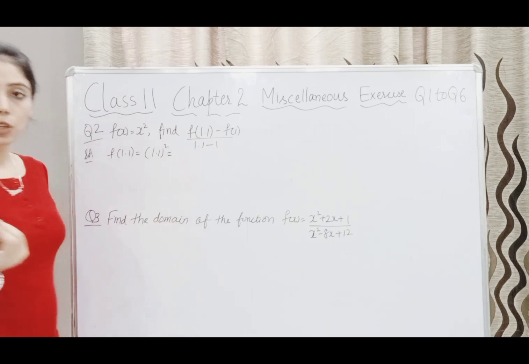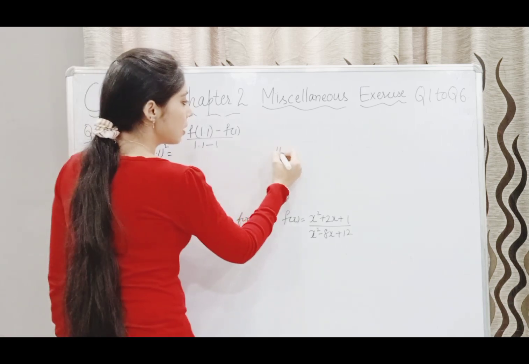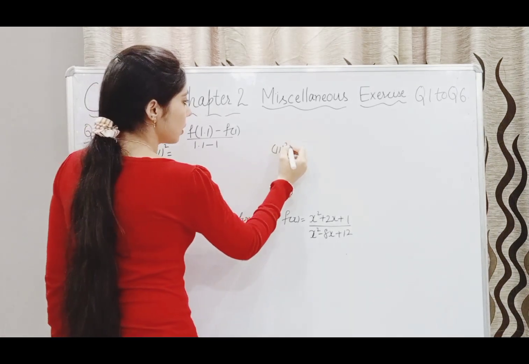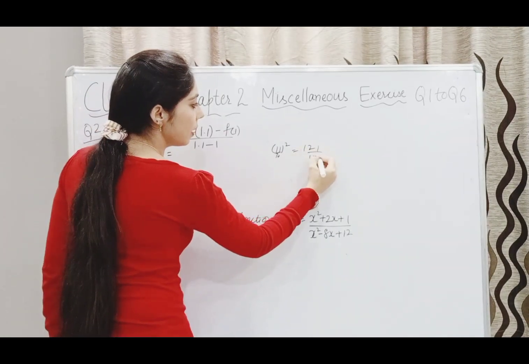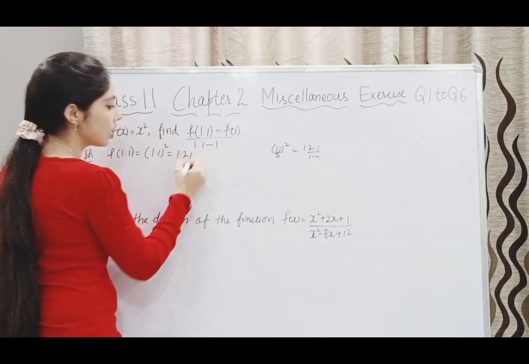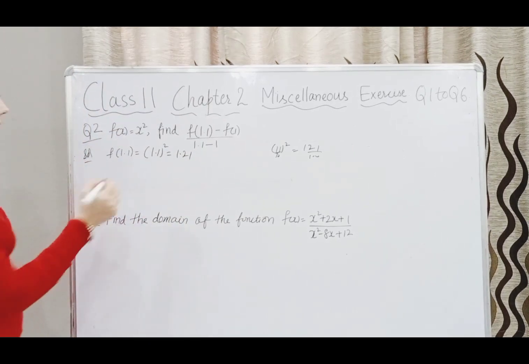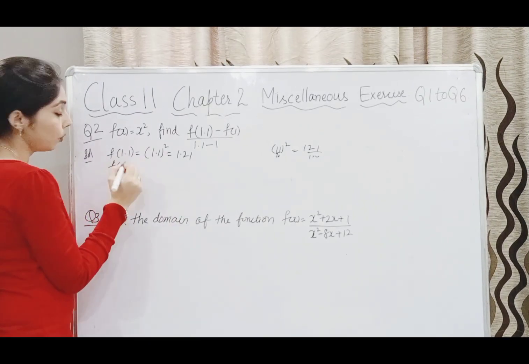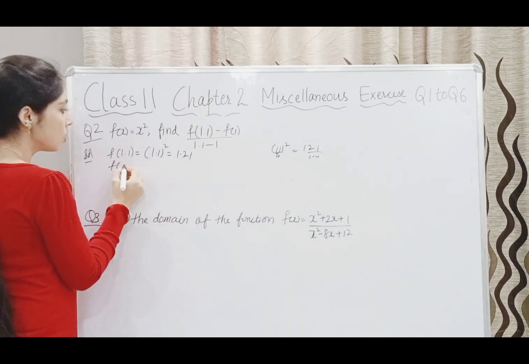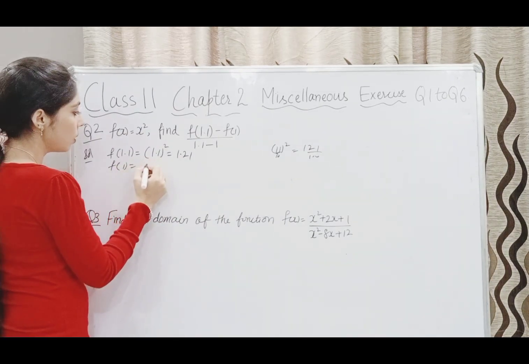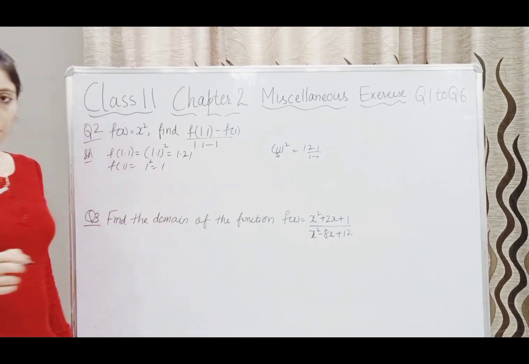What will be the value of this? 1.1 means 11 by 10 square, so this will be 121 by 100, which is 1.21. I hope you all know how you can find the square of decimals. So f(1) = 1 square, which equals 1.